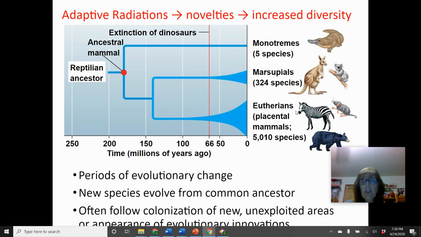And so that's what can happen due to these adaptive radiations. And these adaptive radiations really do oftentimes follow the colonization of new unexploited areas, or they may result because of the appearance of evolutionary innovations, changes that this population has that allow them to adapt to the change in the environment, such as those mutations of the antifreeze gene in the change in the environment as Antarctica moved and the water became extremely cold.